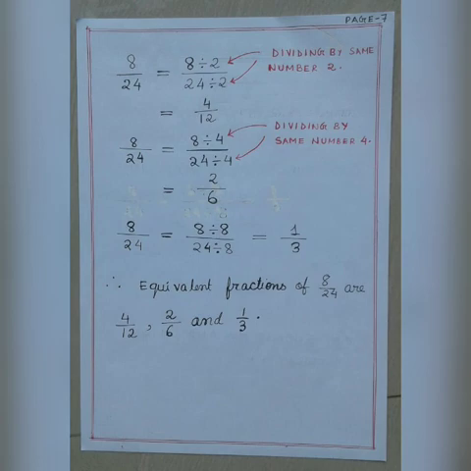To find the next equivalent fraction by division, we divide numerator 8 and denominator 24 by 8 and we get 1 by 3. Therefore, equivalent fractions of 8 by 24 by division are 4 by 12, 2 by 6 and 1 by 3.